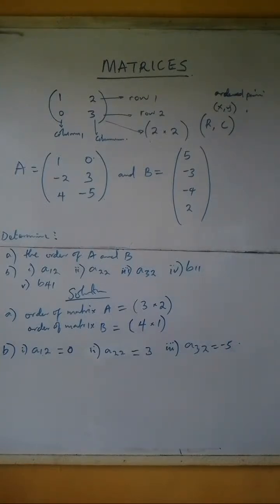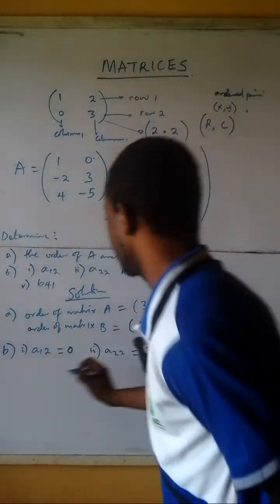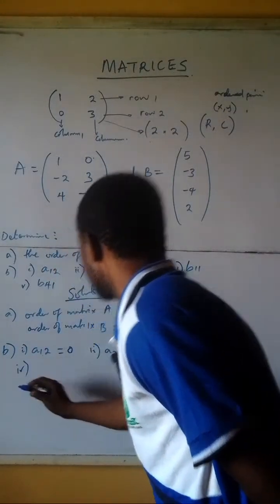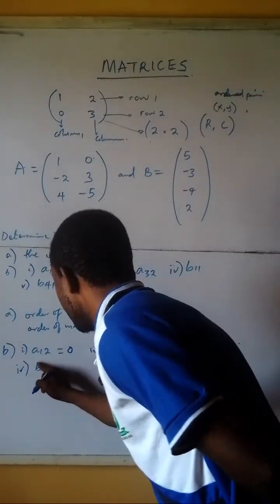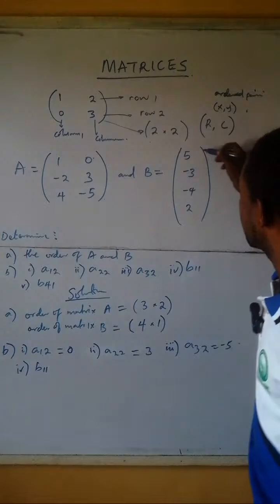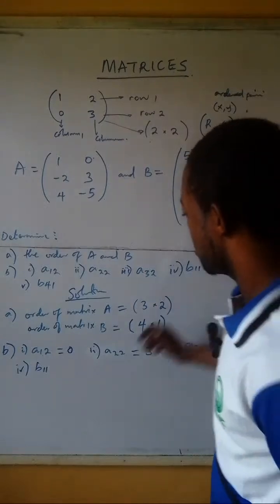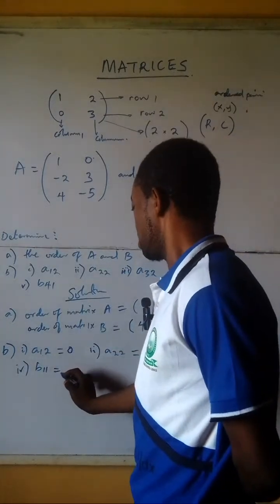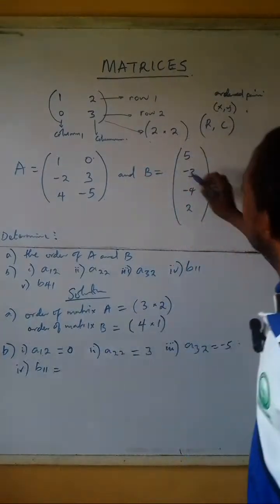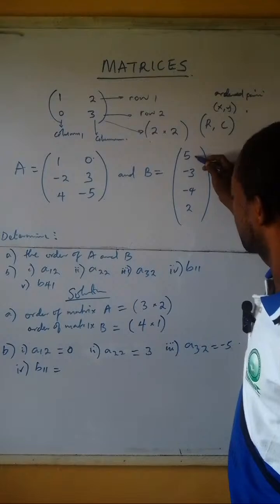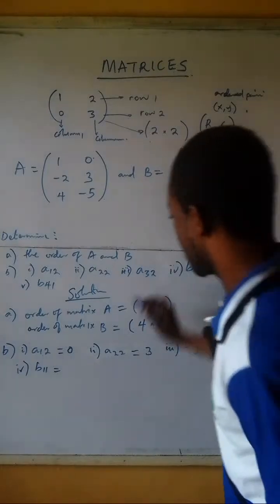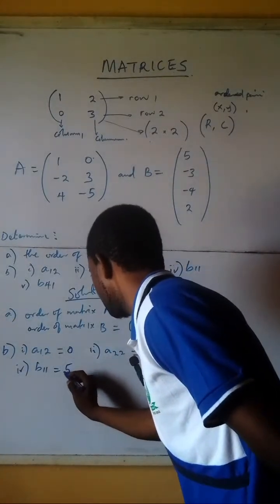The next question there, which is number 4, from our figure, we have B11. That means here we are dealing with the matrix B now. So B11 means the element in row 1, column 1. This is row 1, column 1. It's only having one column. So row 1. That means we have 5 here as B11.